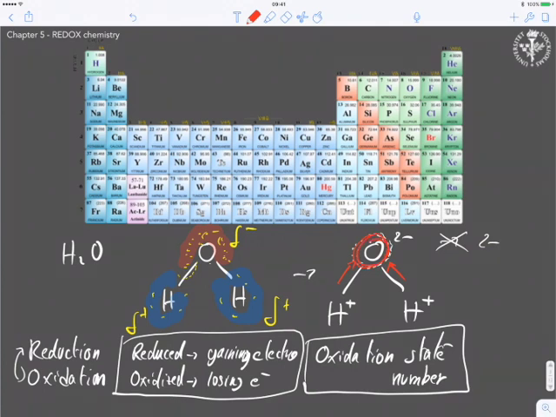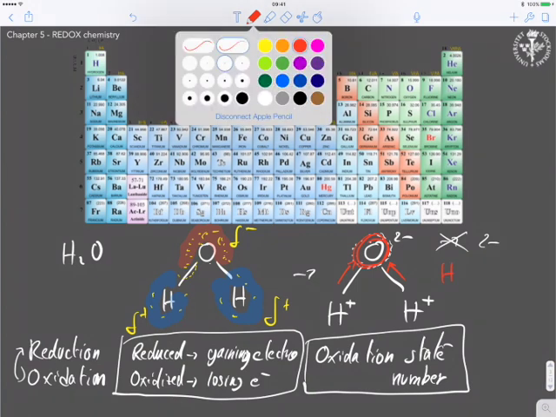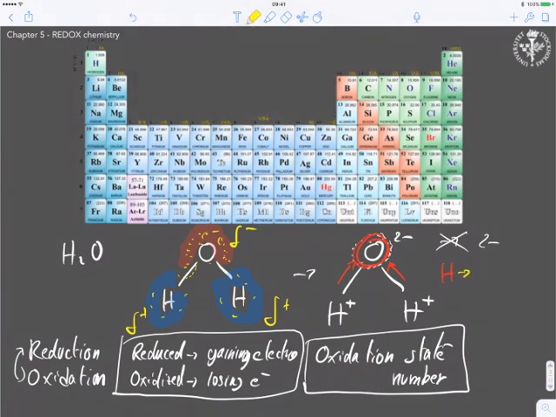So the H are oxidized because they're losing electron to the oxygen, and the oxygen is reduced because it's gaining electron. We can say that the reduced term is because this number here is going to be smaller, it's going to be negative, if you want to have some kind of idea to link that to a logical way of seeing things.